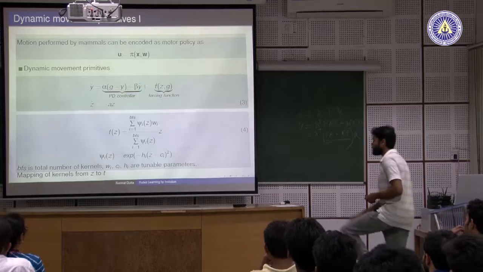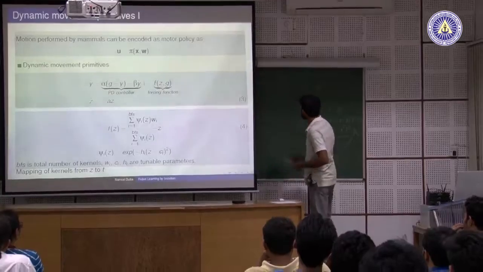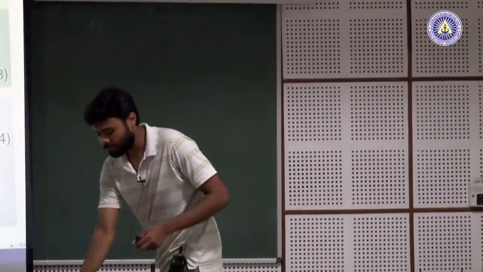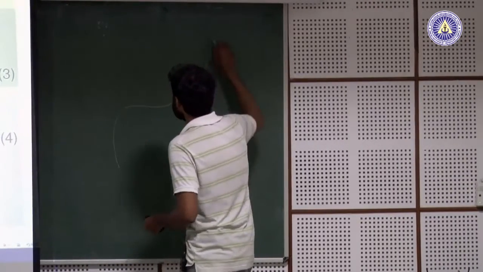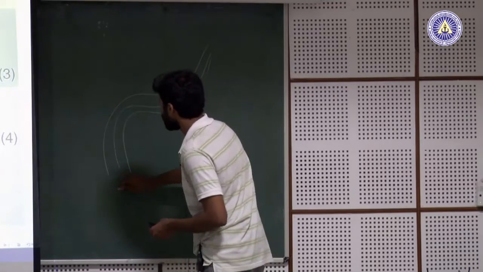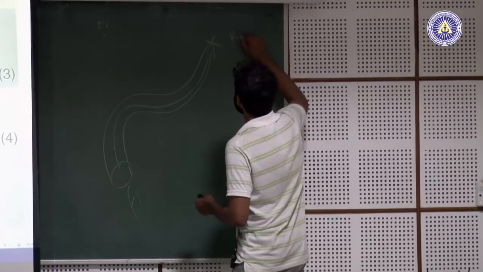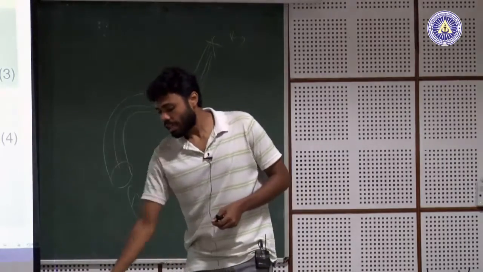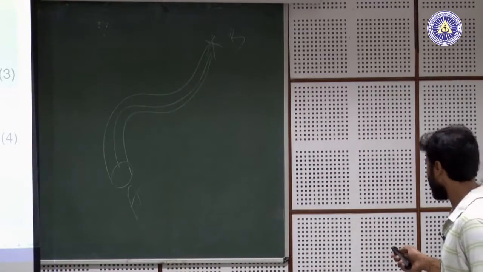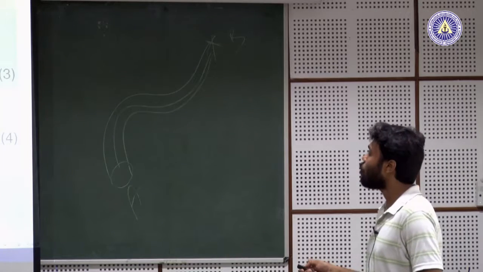Our assumption is, suppose we show this kind of trajectory to the robot. This is my start, this is my goal. We show this kind of trajectory to the robot, and we assume that this response can be encoded using this function.